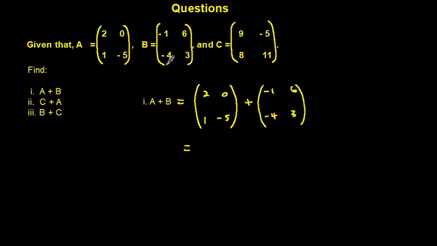Alright, so let me use a little color code thing now to differentiate. So 2 would correspond to negative 1, 0 corresponds with 6, 1 corresponds with negative 4, and negative 5 corresponds with 3. So we're adding corresponding elements here.